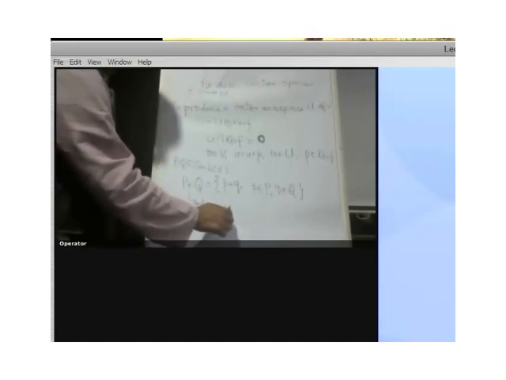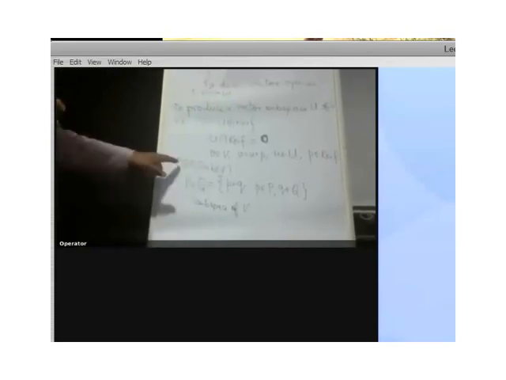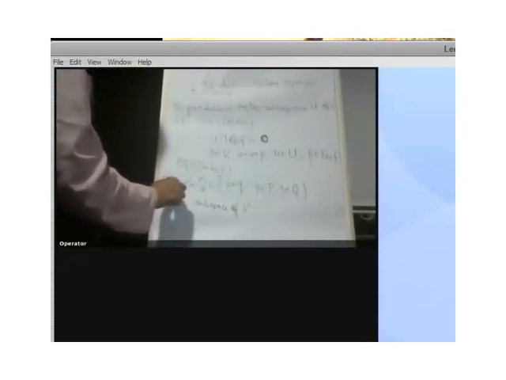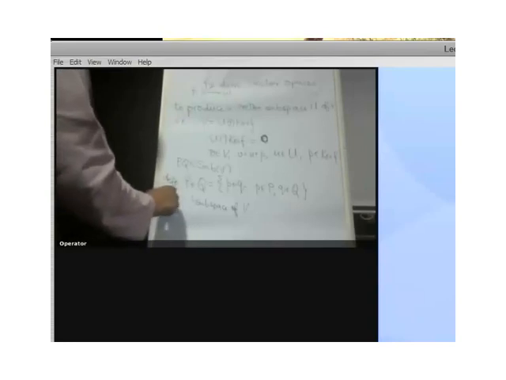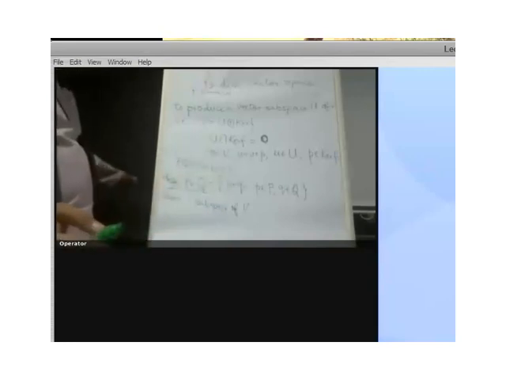P and Q are subspaces of V, and this was the definition of a direct sum.